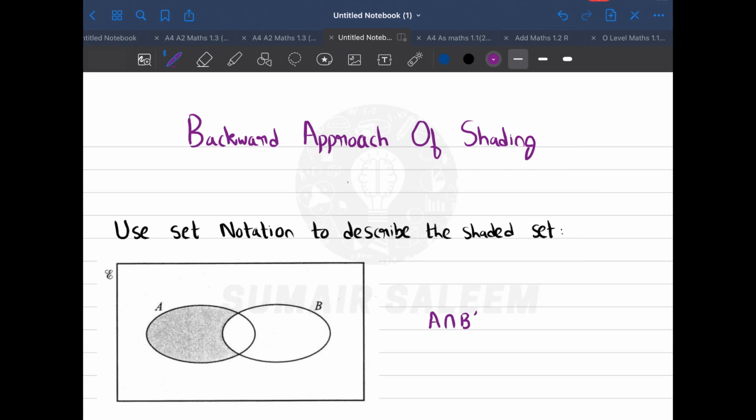Now what's the next part? Recheck your answer. How do you do that? What's written first, guys? A. And there is an intersection sign. What did I teach you in shading? Write letters in the first thing. That's A. Then intersection B complement. Other than B, guys, write numbers.